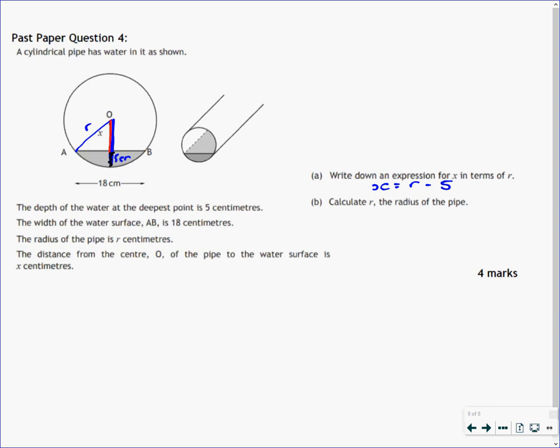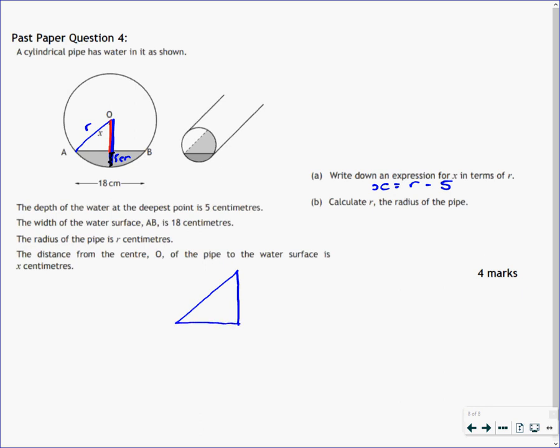Then it says calculate R, which is the radius of the pipe. So these questions will nearly always get you to form a right angle triangle from your chord. Okay? So looking at the chord here, let's make the right angle triangle. So the right angle triangle is going to look like this.